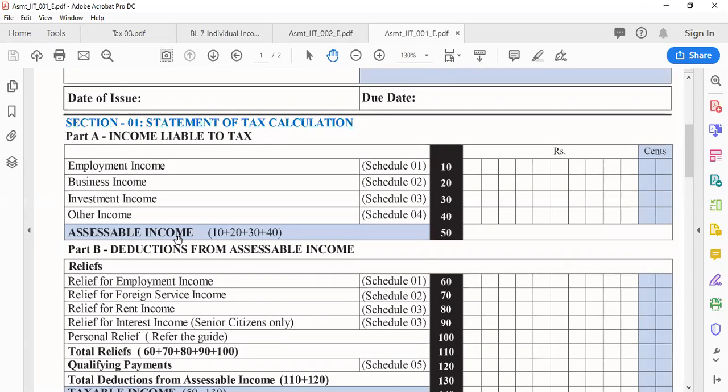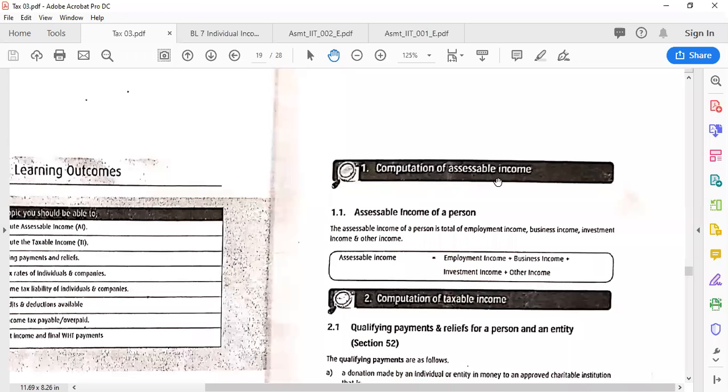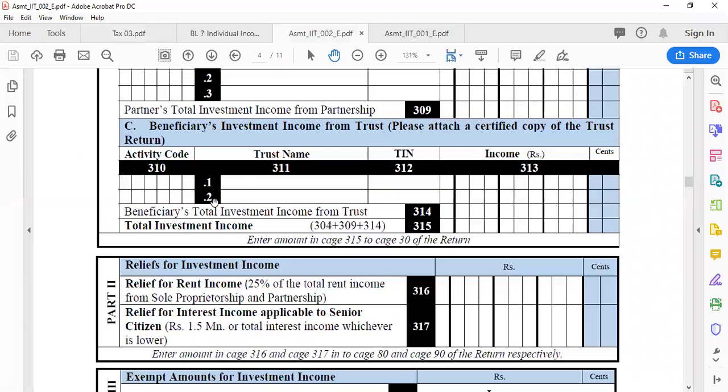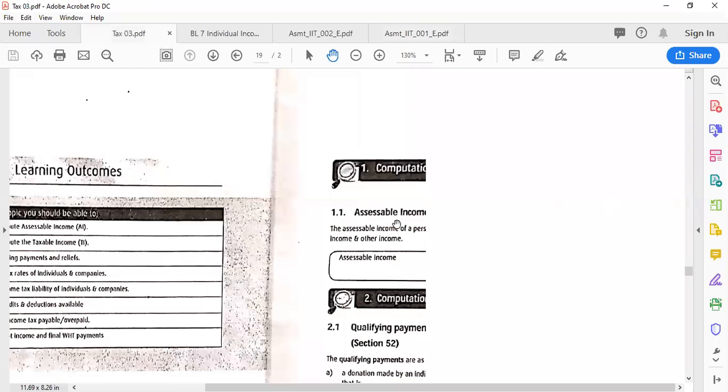So it means we have discussed how to calculate assessable income. Assessable income means the total of employment income, business income, investment income, and other income. Today's session is computation of assessable income. Simply, we can say assessable income equals employment income plus business income plus investment income plus other income. So that is what is explained here.